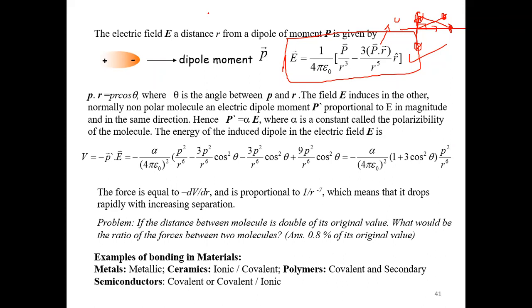For example, a hydrogen atom. A hydrogen atom has 1 proton and 1 electron. It has an equal amount of positive charge and negative charge. So in the absence of an electric field, this is not a dipole. Why is this not a dipole?